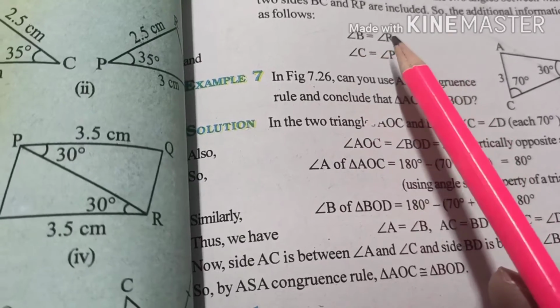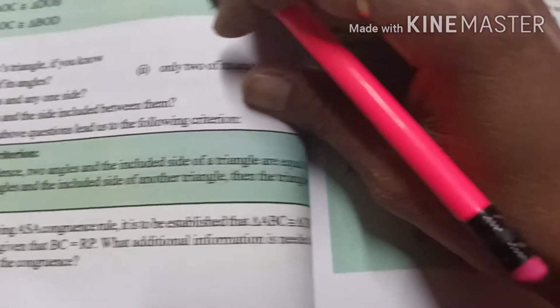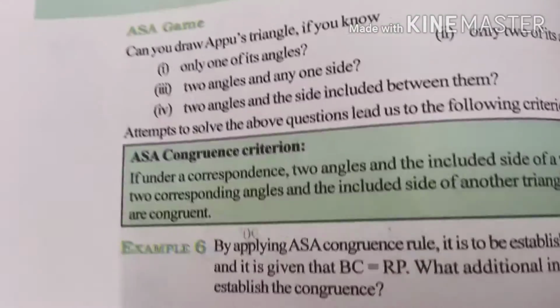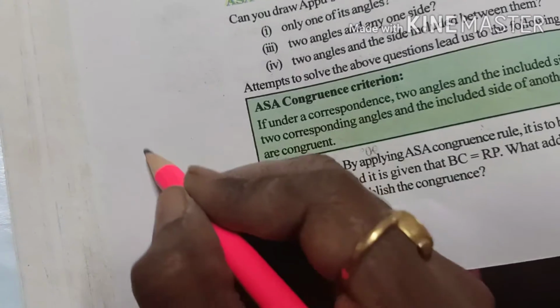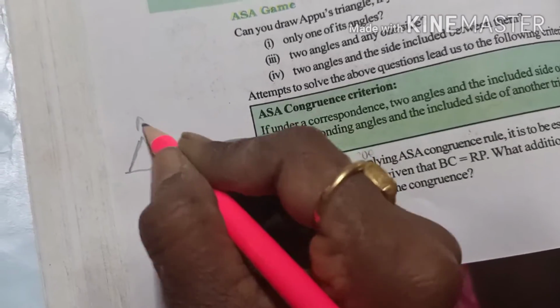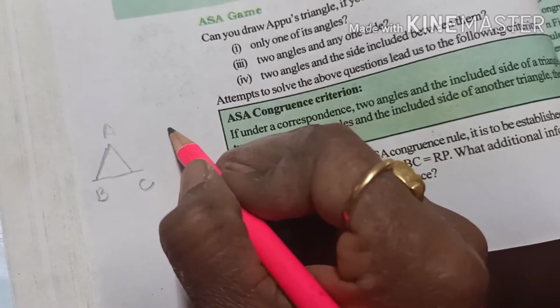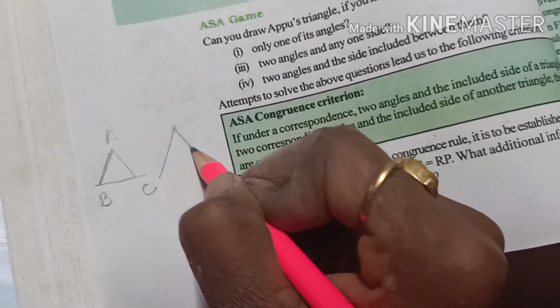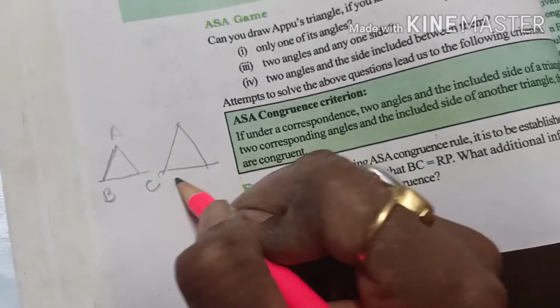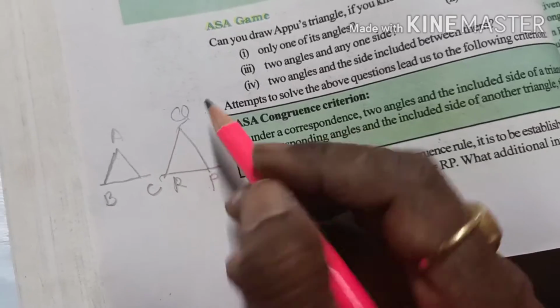If you draw the diagram, you will get a better idea. So let's draw the diagram, that is triangle ABC, in which BC is equal to RP is given. So where is the position of RP? Q is over here.